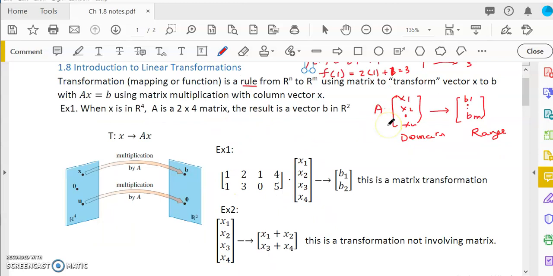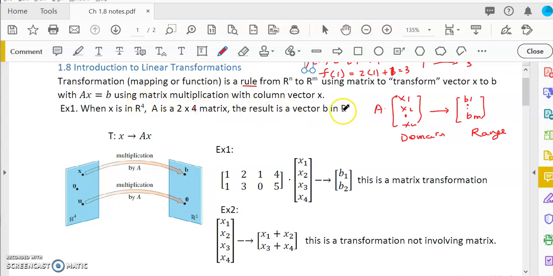But in general, a transformation is just a rule that maps one vertical vector to another one. If you are using a matrix to do the transformation, and your input is a 4-entry vector, then you need to have 4 columns. You can have any number of rows that you want, but you must have 4 columns, so these two have to match.